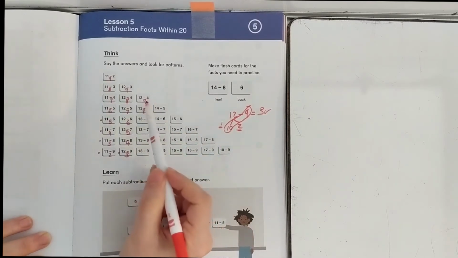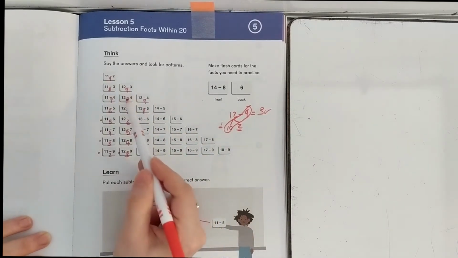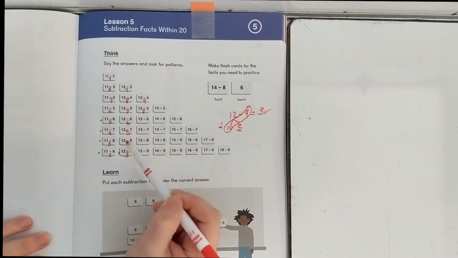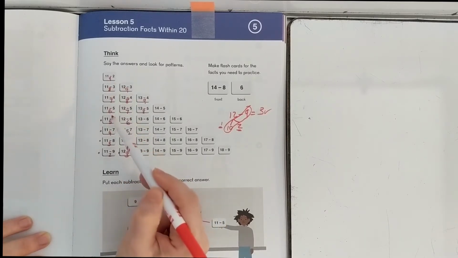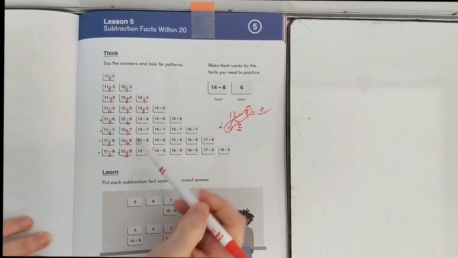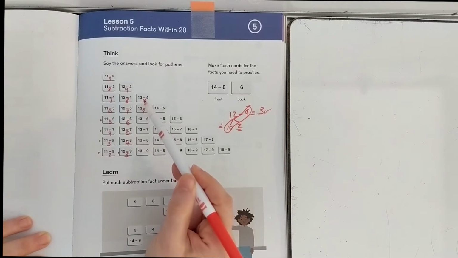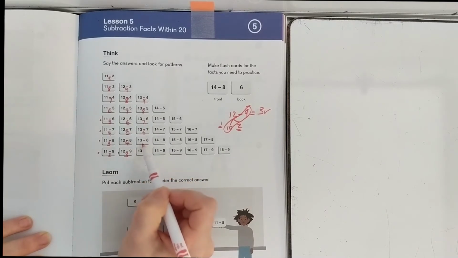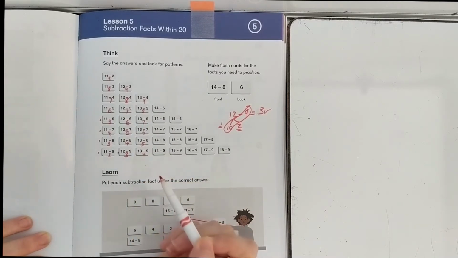I found 9, 8. Since all of these answers were counting backwards by 1, 9, 8, 7, 6, 5, 4, 3, I'm going to assume this is also going to have that same pattern. 9, 8, 7, 6, 5, 4.